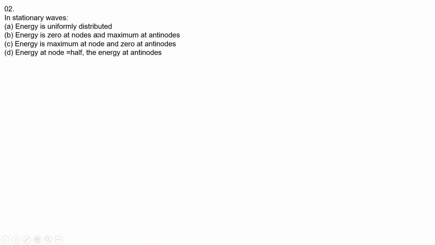Now the next question. In stationary waves, energy is uniformly distributed. We need to find out what is the correct answer. We know we get a stationary wave when two traveling waves of the same amplitude and same frequency are traveling in opposite directions, then we get this standing wave.